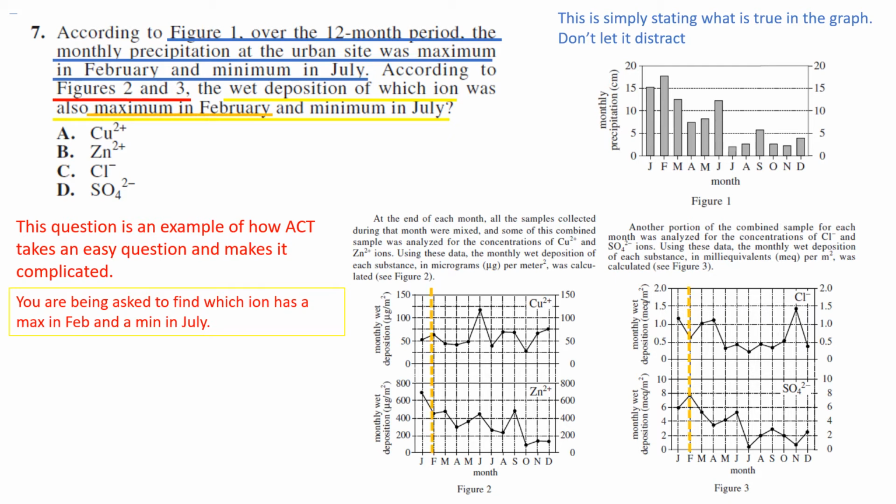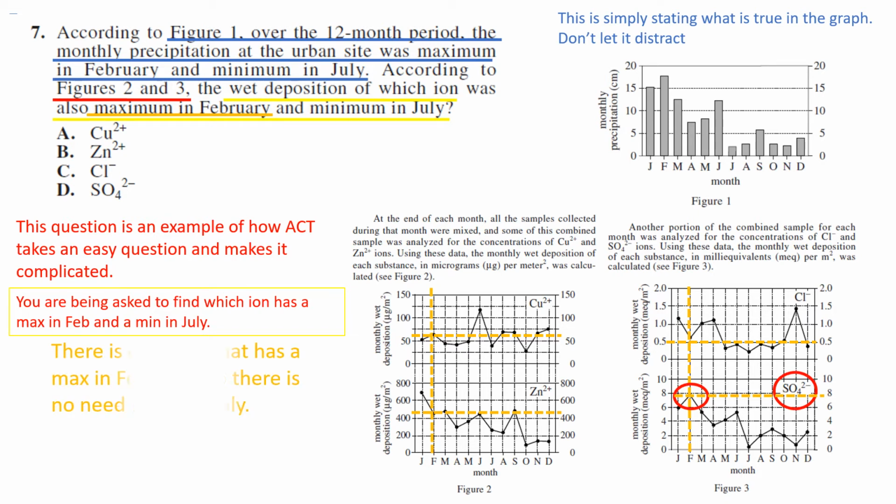Let's find February. Okay, so which one's the maximum? If we go by Cu2, that one is not maximum. You can see it's bigger in June. If you go with the Zn2 in February, you can see it's bigger in January. If you go with the Cl, it is bigger in several months. But when we get down here to the SO4, it is biggest in February.